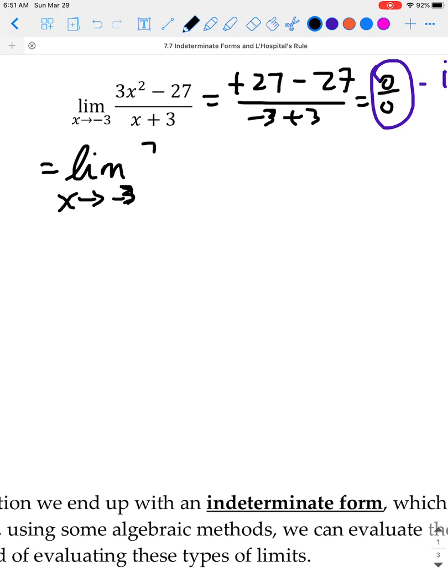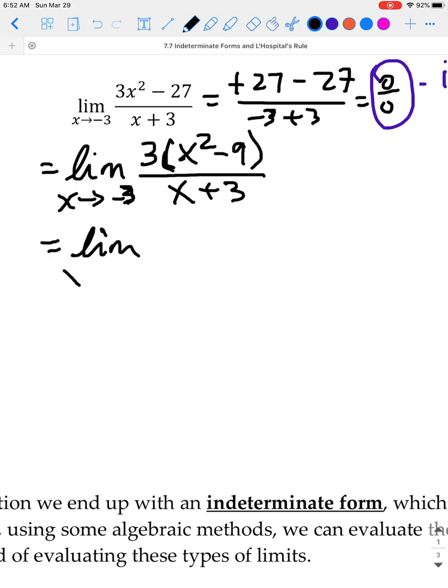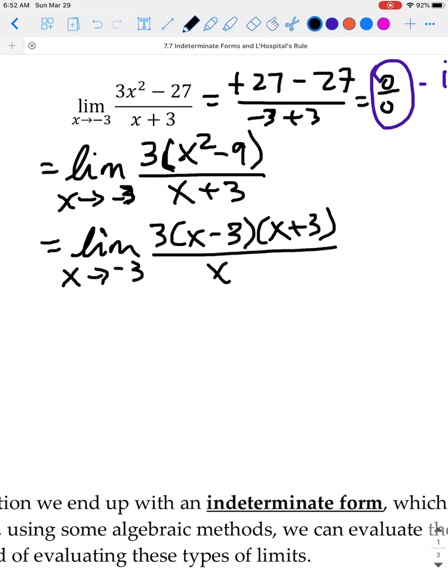We'll take the limit as x approaches -3, and we can factor out a 3 in the numerator, which gives us x squared minus 9 all over x plus 3, and then we can factor the difference of squares and cancel out the denominator with the numerator factor.